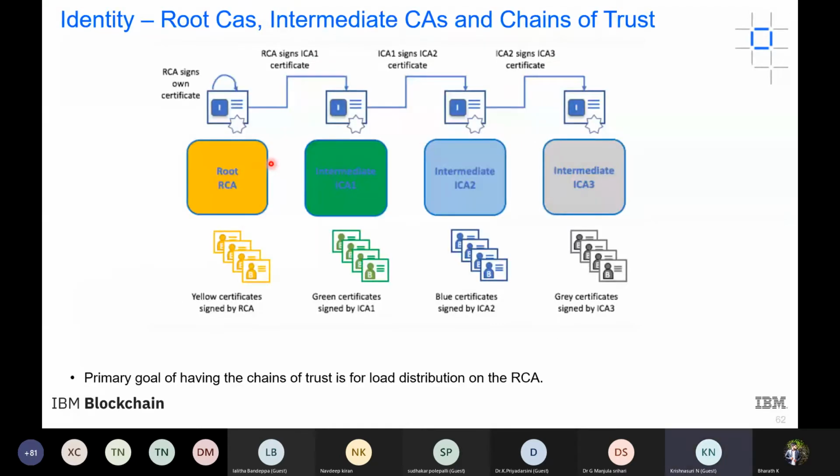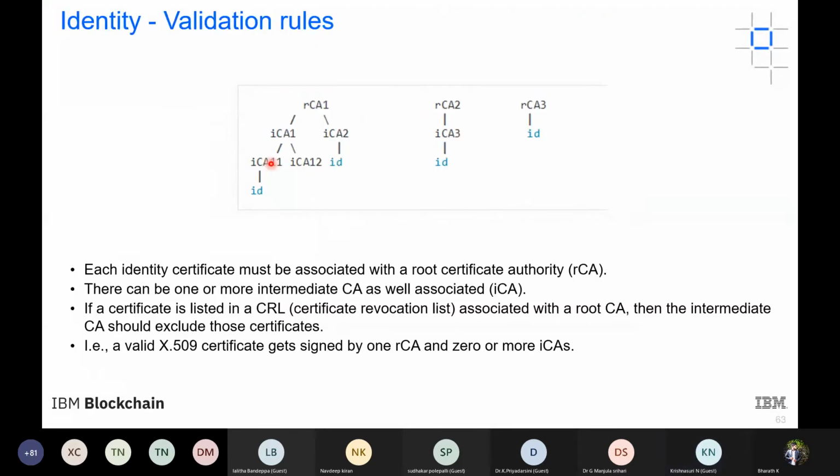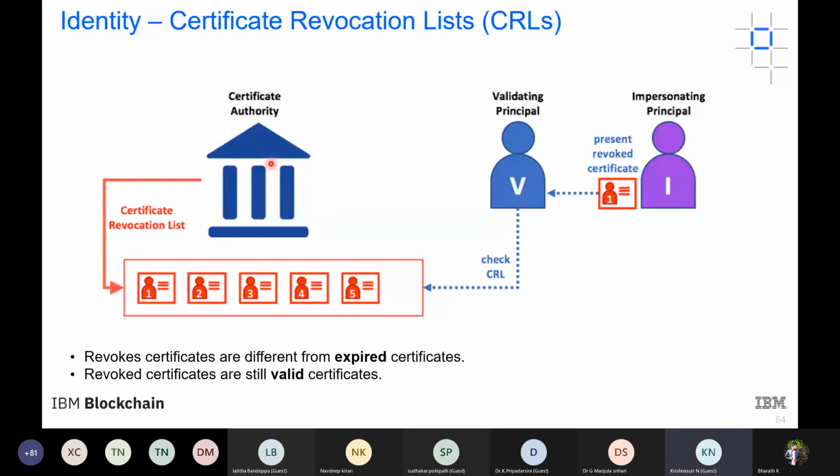And the next is certificate revocation lists. This, as we already have seen, right? When the private key is compromised, any person impersonating your identity will use the digital signature for a wrong purpose. They are signing some message which you don't intend to sign. Then the verifier receives that message.